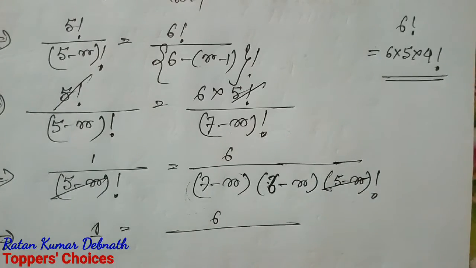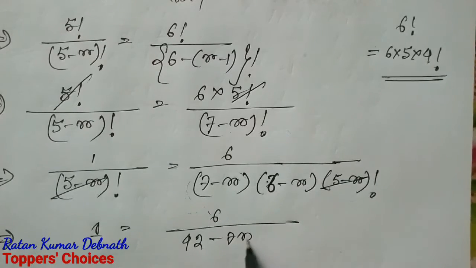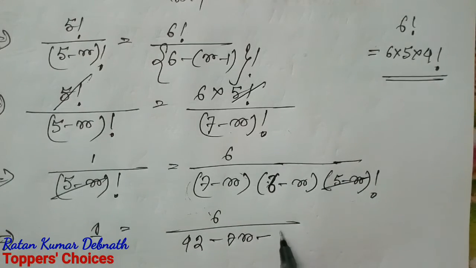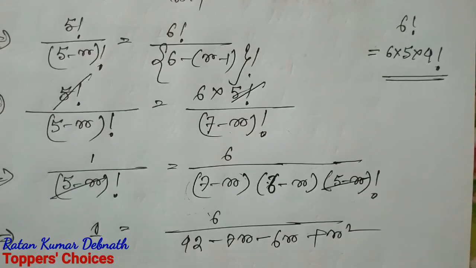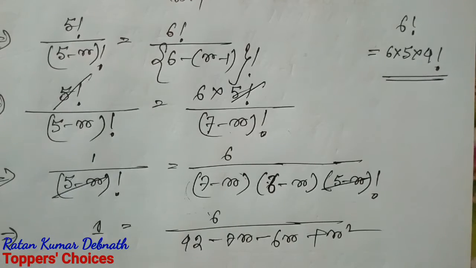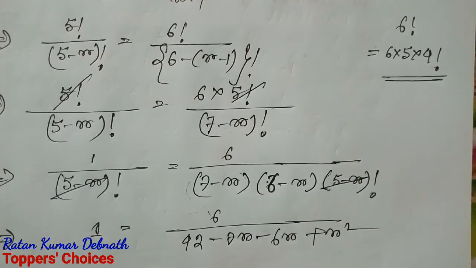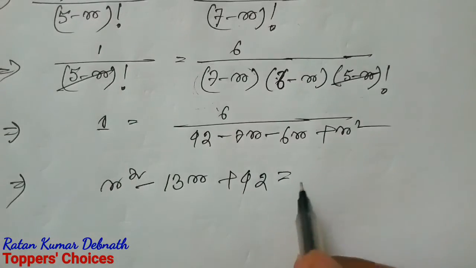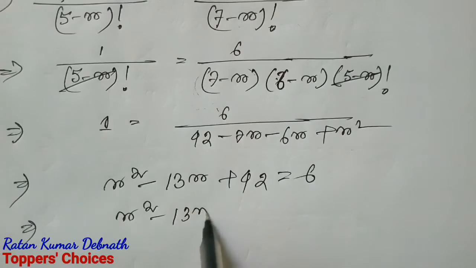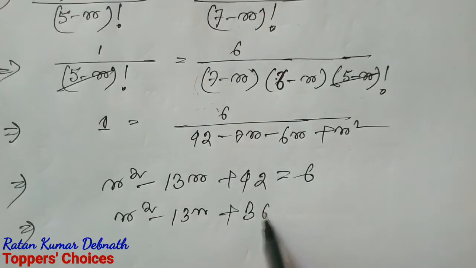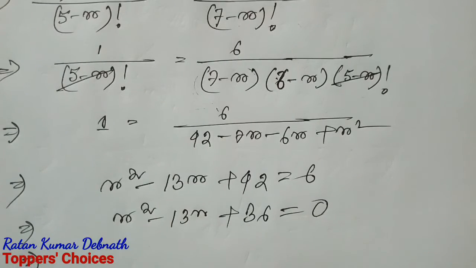6 by 7 minus r into 6 minus r: 42 minus 7r minus 6r plus r square, which is r square minus 13r plus 42 equals 6, which gives r square minus 13r plus 36 equals 0. This is the quadratic equation of r.